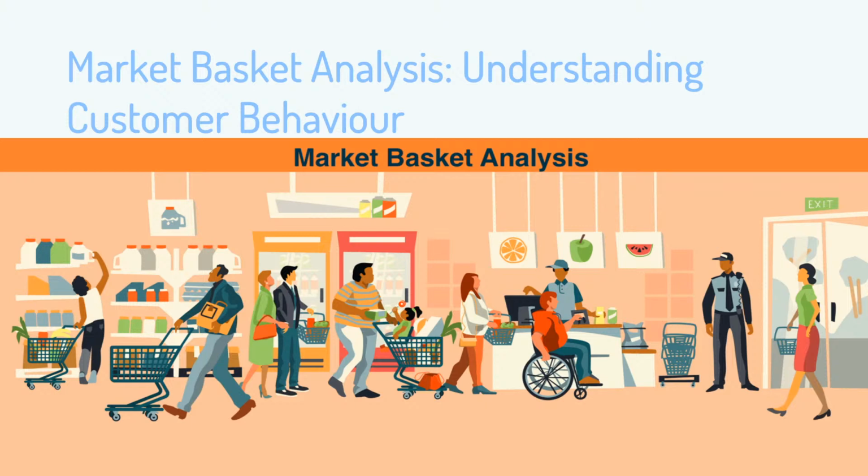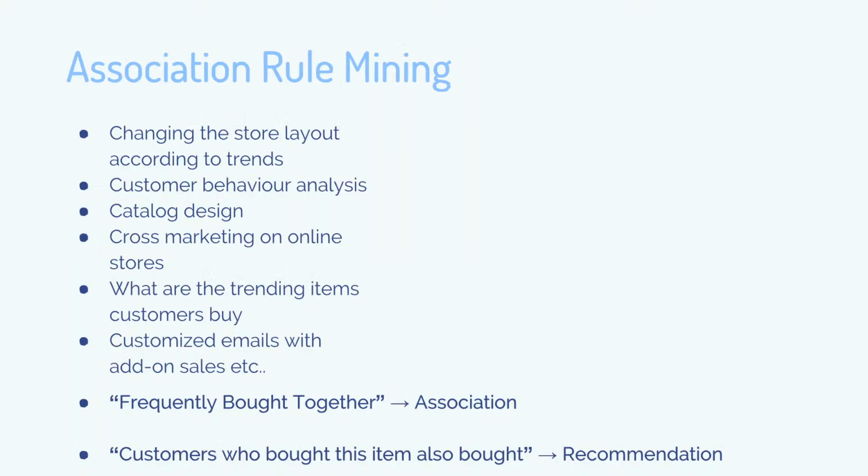For example, if you are buying bread and milk in combination, then the market owners will automatically keep milk near the bread. So based upon your buying habits, they will change the environment of the market. That is the necessity of this, and all of this happens according to data mining only.